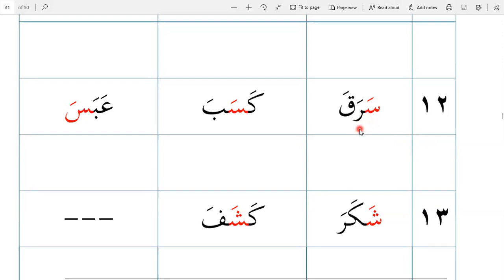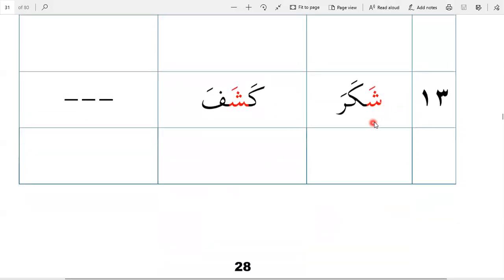Sa, ra, qa. Ka, sa, ba. A, ba, sa. Sha, ka, ra.